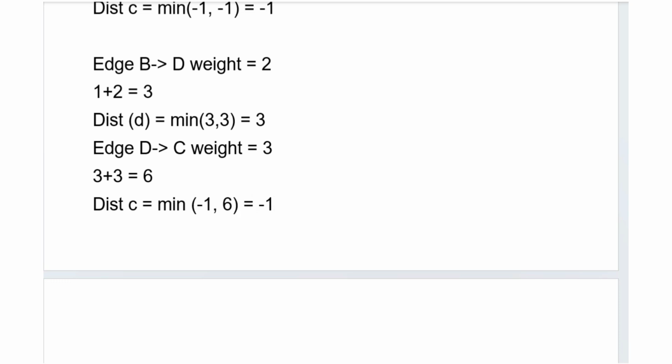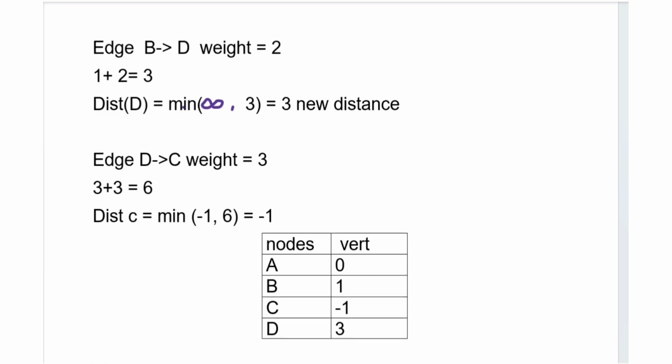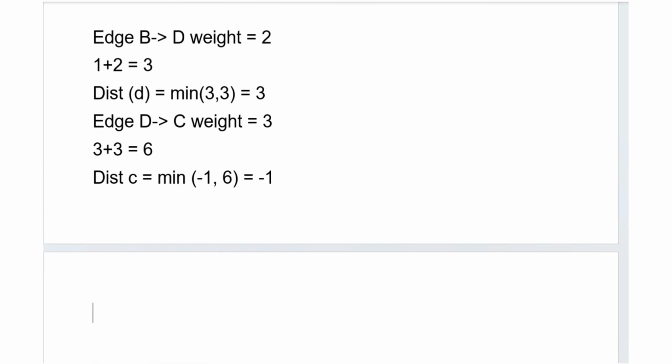Distance of D is equal to the minimum of 3 comma 3. That is 3. The edge D to C, the weight is equal to 3. So 3 plus 3 is 6.